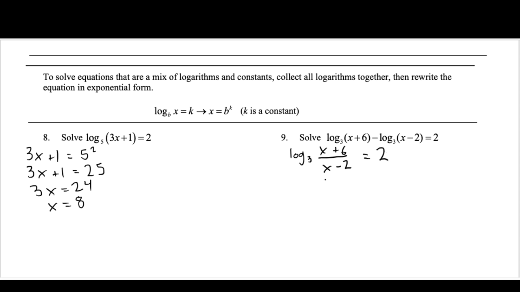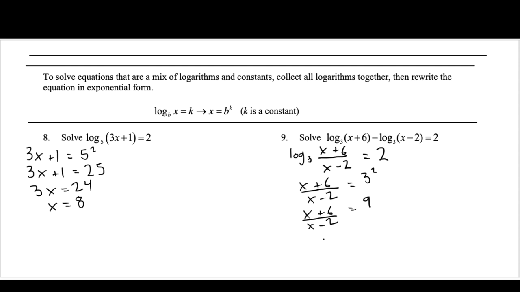And then I can rewrite this expression in exponential form, right? So I have x plus 6 over x minus 2 equals 3 squared. Or x plus 6 over x minus 2 equals 9.